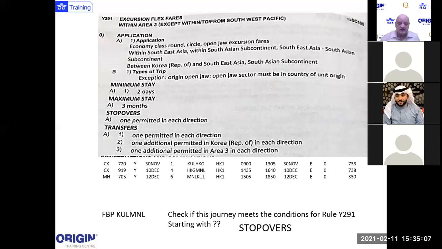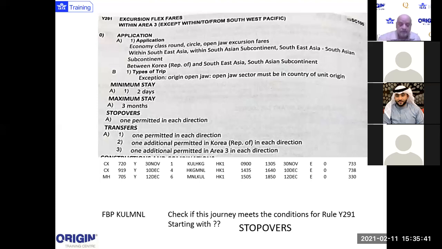If you can have stopovers, the rule will tell you where you can have the stopovers, how many, is it per price unit, is it out and in, how much do they cost? It tells you. If it doesn't say anything about stopovers, in other words, you look for the stopover paragraph, there is no stopover paragraph, it means no stopovers.